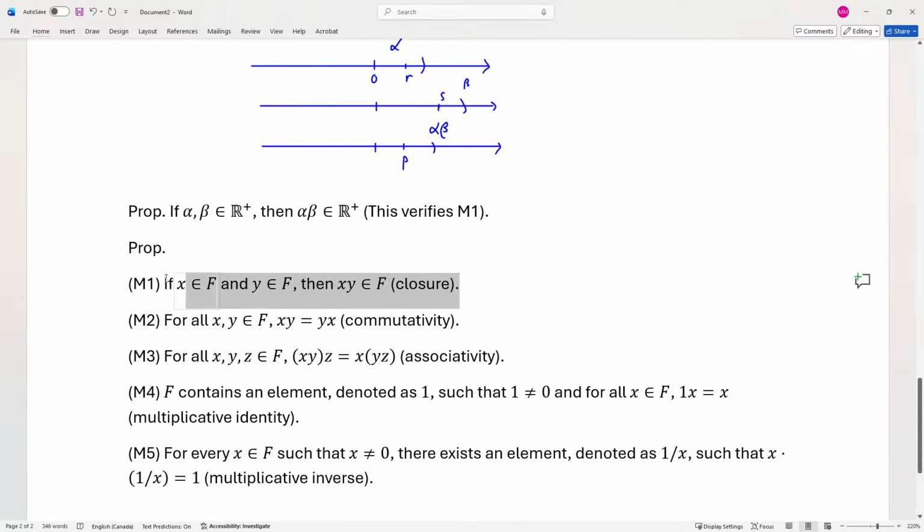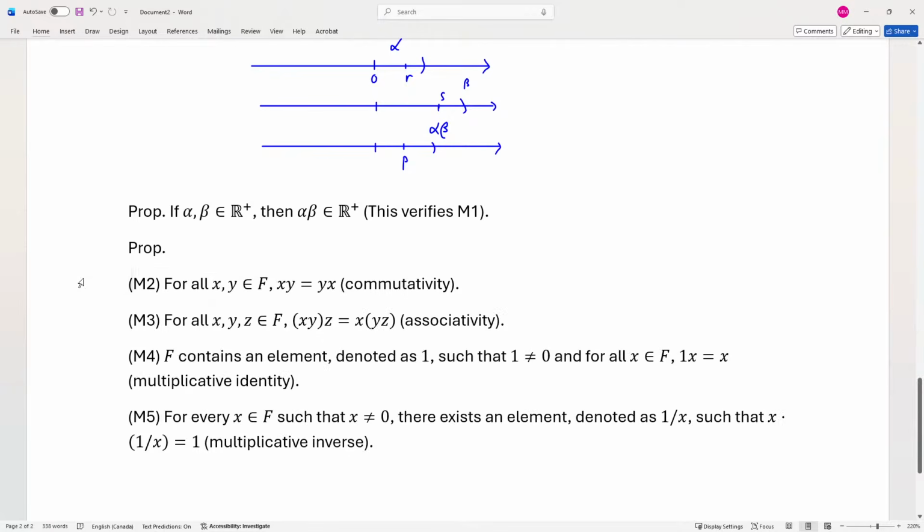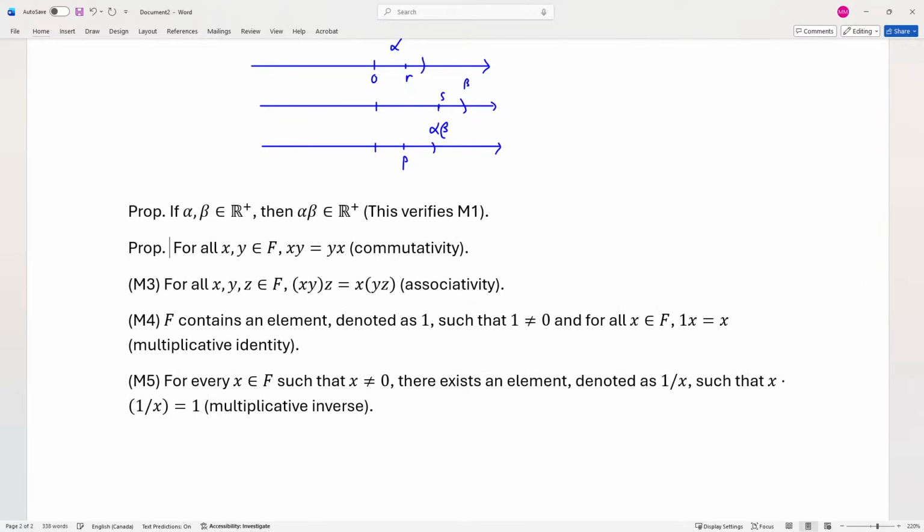So that's commutativity. We just convert that sentence to: for all alpha and beta in the set R plus, you have alpha times beta equals beta times alpha.